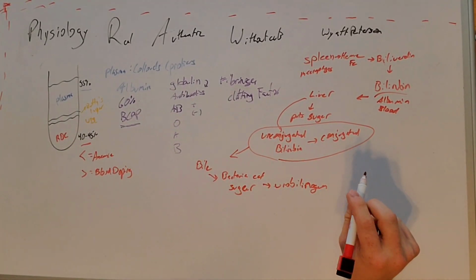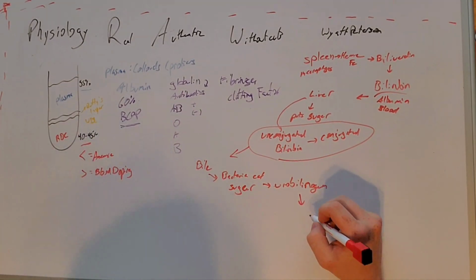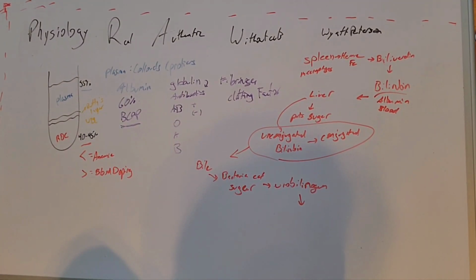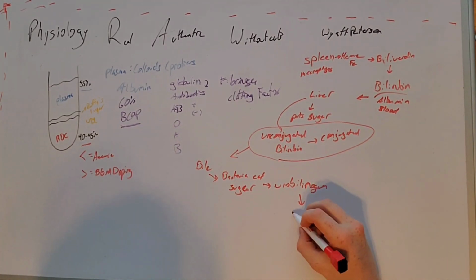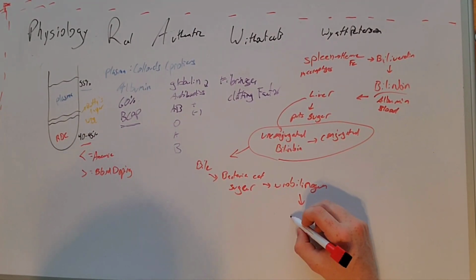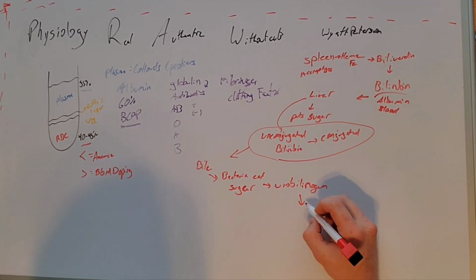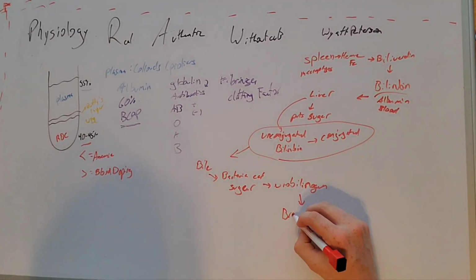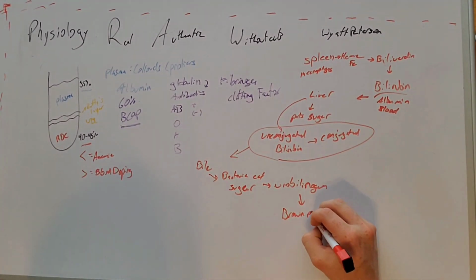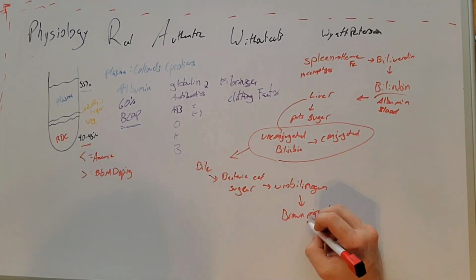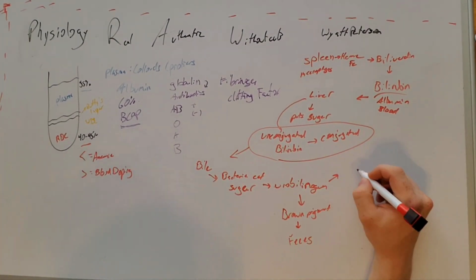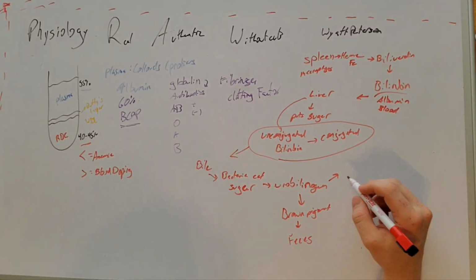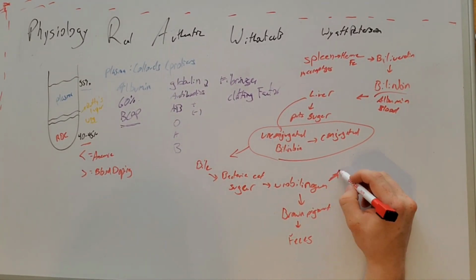Urobilinogen. And so part of this can be converted to a brown coloration, brown pigment, and that's for feces.